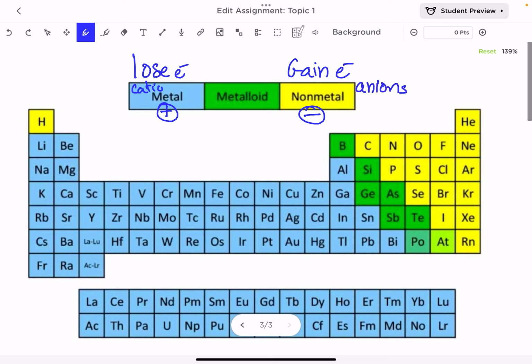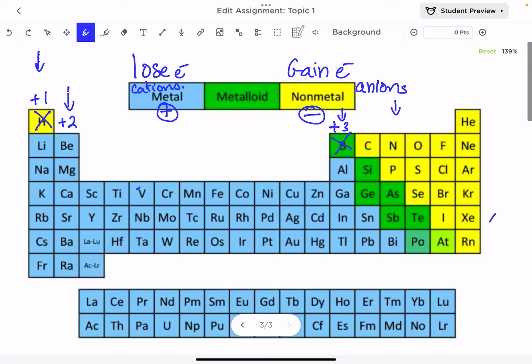Now, how is that? Elements of group 1 over here make a positive 1 charge, except for hydrogen, because they lose 1 electron. Elements of group 2 lose 2 electrons and they make a positive 2. And elements of group 13, except B, make a plus 3 charge because they lose 3 electrons.